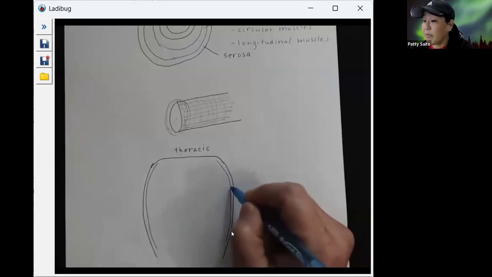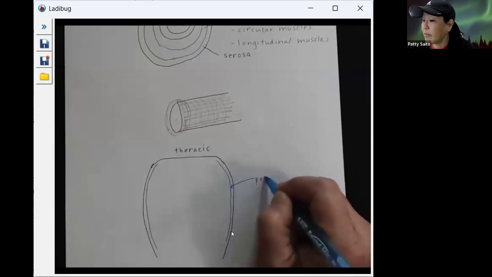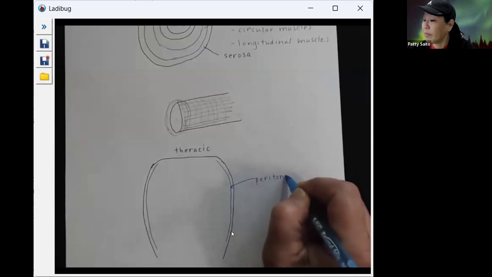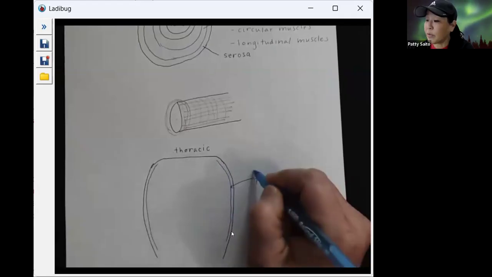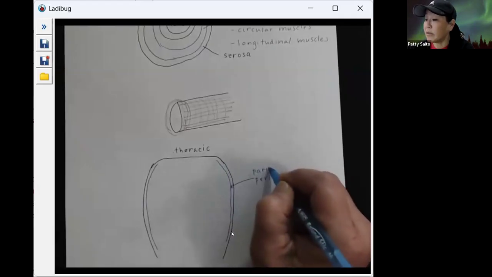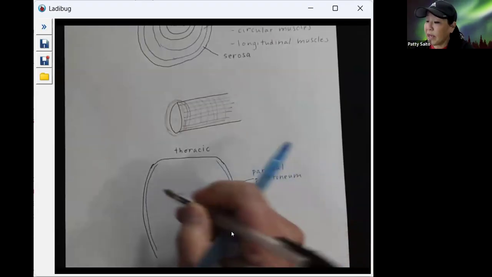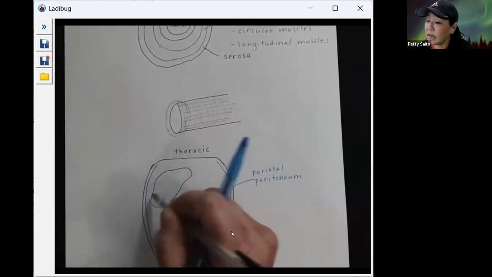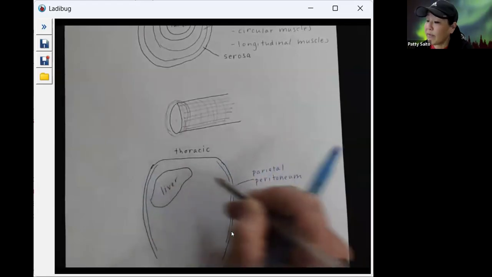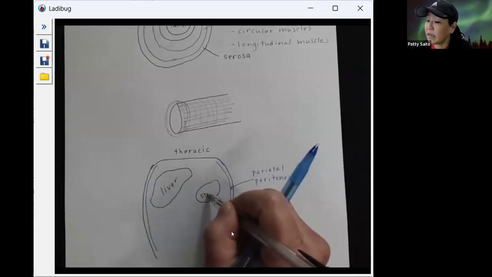So this is peritoneum. But this is the one part that's lining the cavity, so we call it the parietal peritoneum, right? So what do we have here? We have a liver here. We have a stomach over here, right?